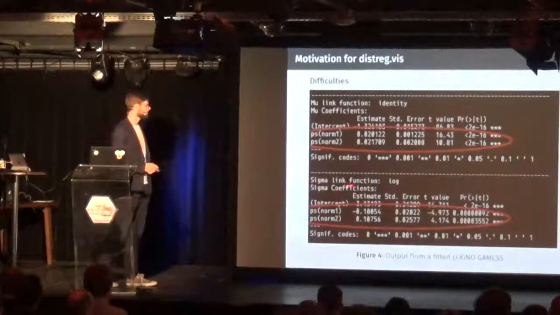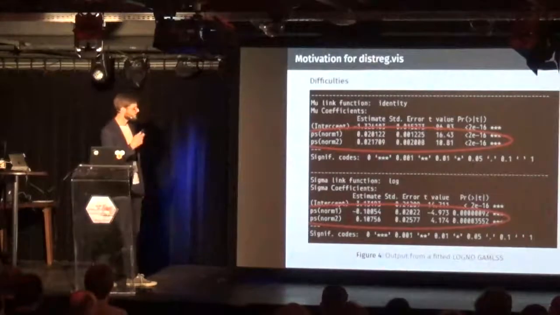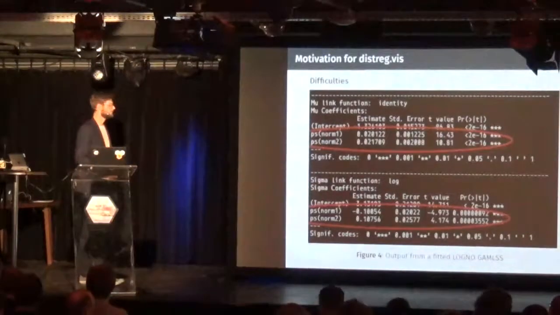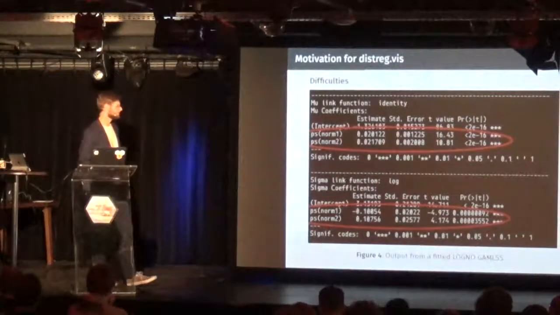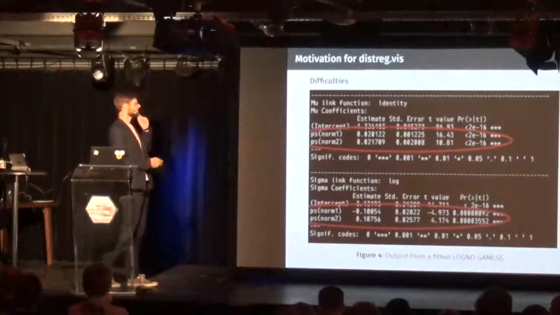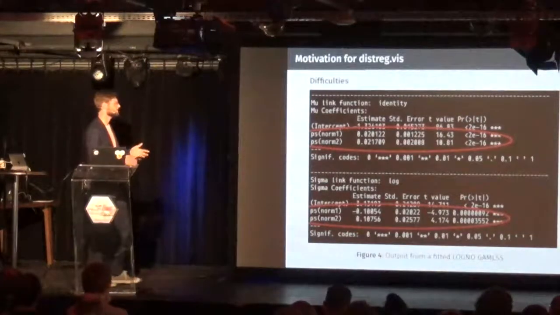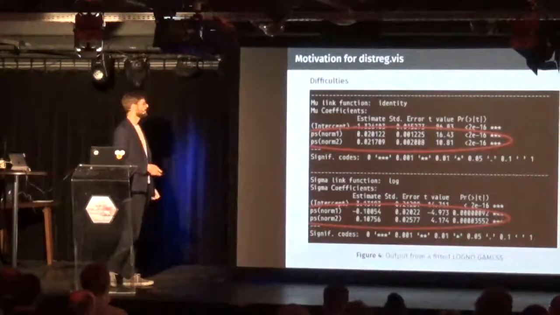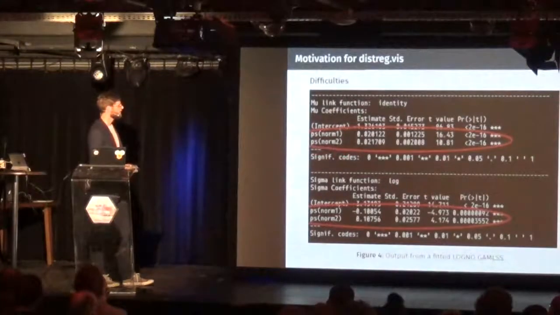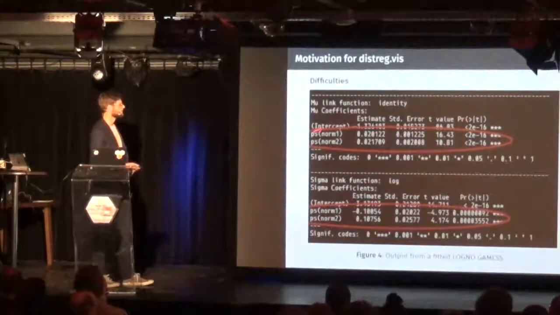Then we go to the second parameter, the sigma, which has a log link function because it can only be positive. We have some results for those two terms. This is just some general data that I simulated, and this is a penalized spline here, and we model this penalized spline, and we get results for that.